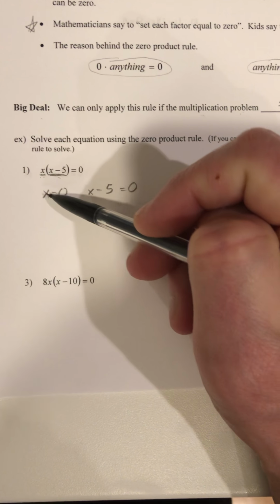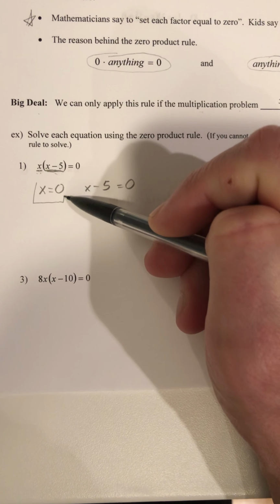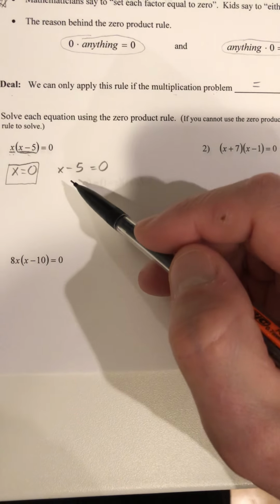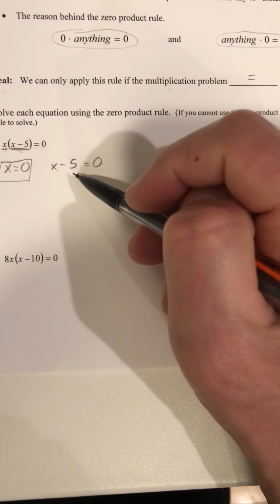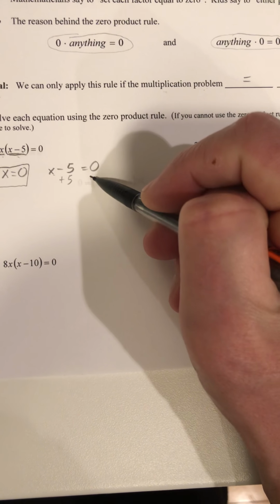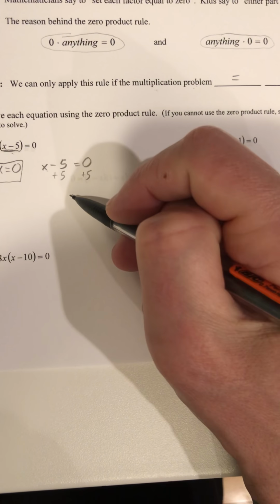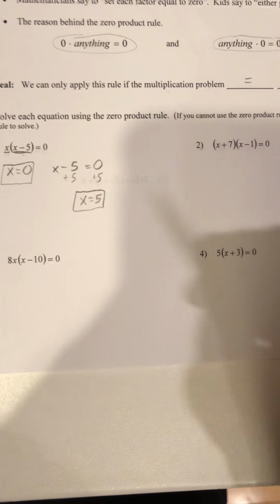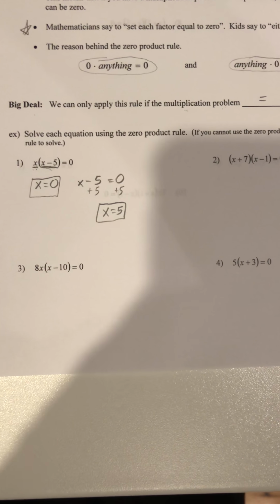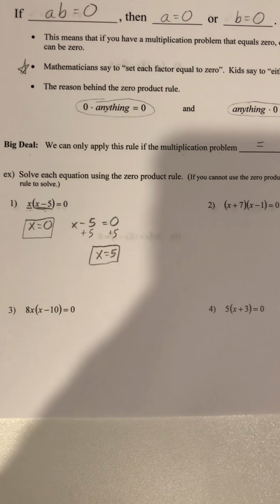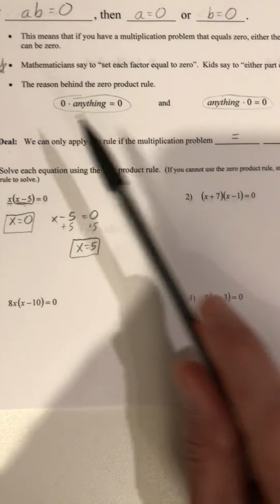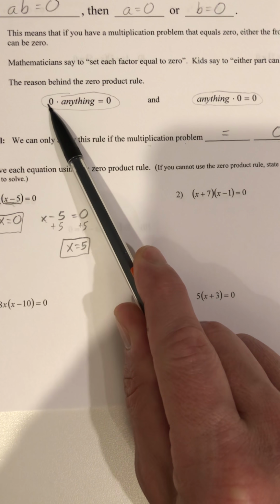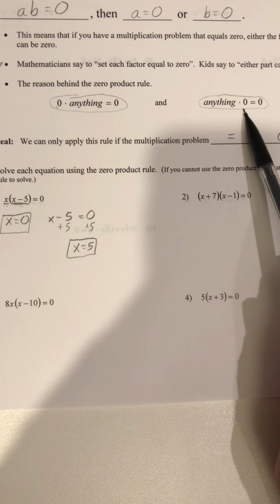Now x equals 0 is already solved because the variable is by itself. And to get this x by itself, I'll have to add 5 on both sides. And my final solution would be x equals 5. Now to talk about this really quick, some people get a little bit kind of tripped up. So like, well, I thought 0 could be in the front or 0 could be in the back.